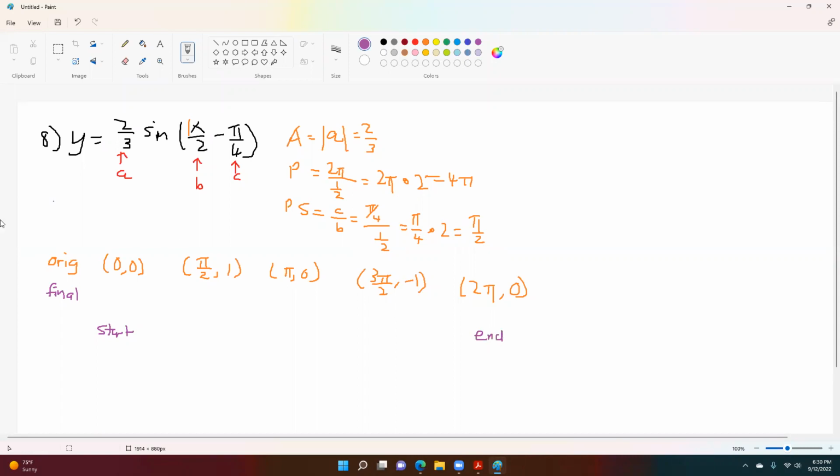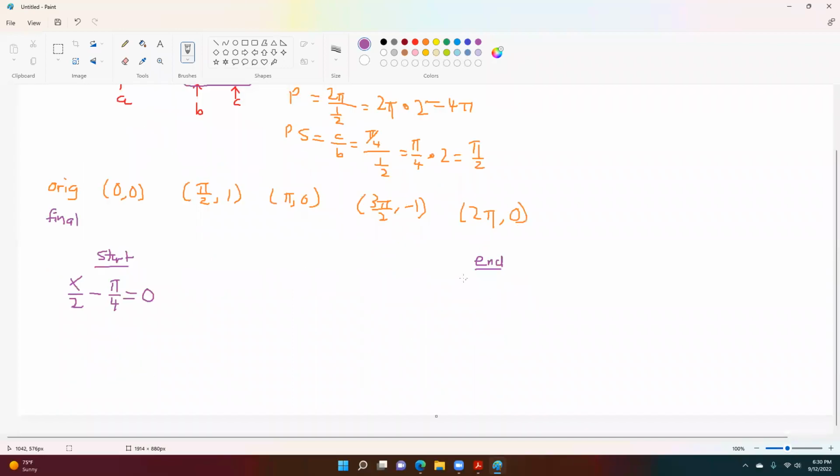The starting point in this case will start at bx minus c, in other words, everything inside this parenthesis. So it will be x/2 minus pi/4, and this is going to equal 0.